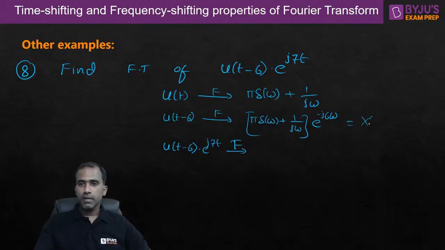Because you are multiplying with e power j 7 t, what does that do to the Fourier transform? It shifts by 7 units towards the right side. So wherever omega is there in the Fourier transform, same Fourier transform, replace omega with omega minus 7. Because of multiplication with this, shifting happens in the frequency domain.